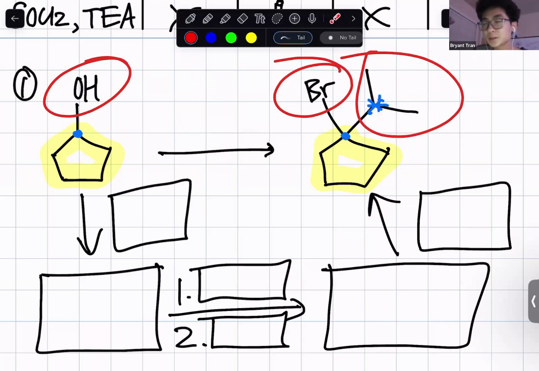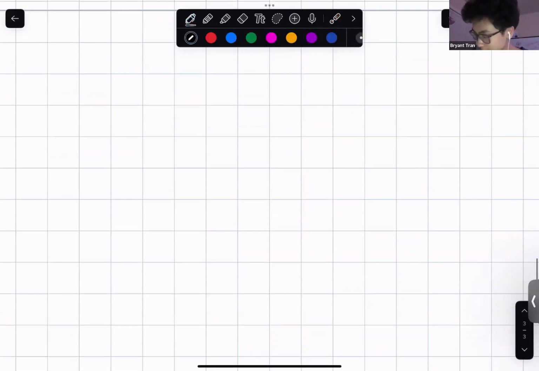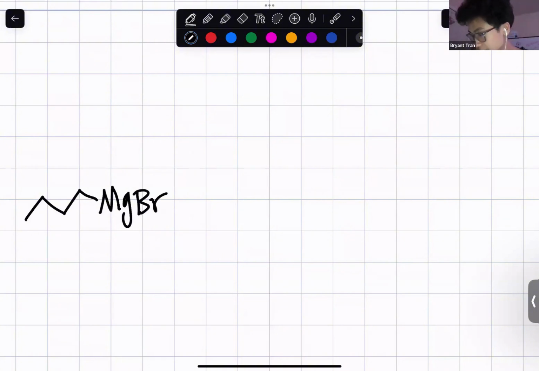Now, do you know what Grignard reagents usually attack, Kelly? Like what kind of reactants they usually react with? If we were given this Grignard reagent here, there are actually a few things they could react with.